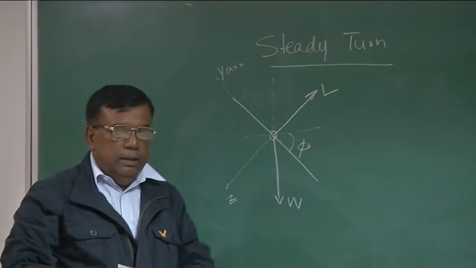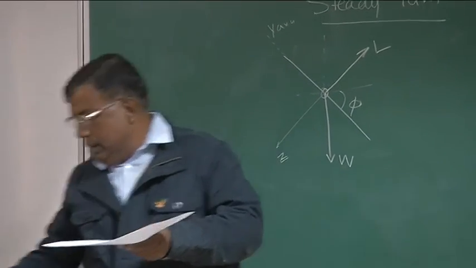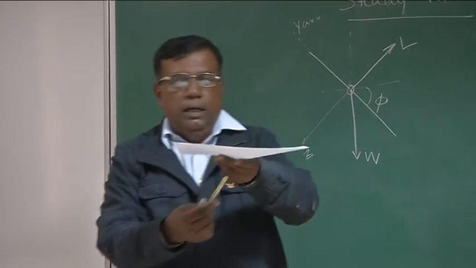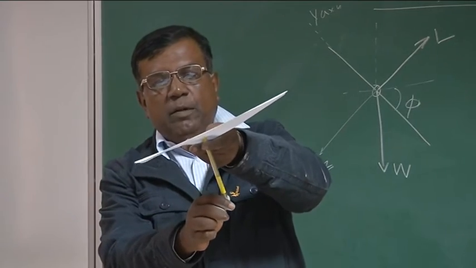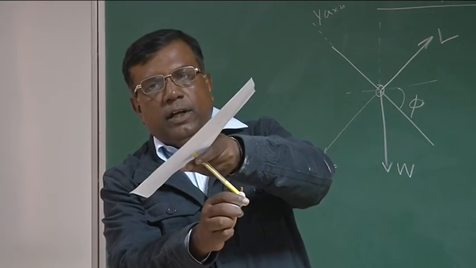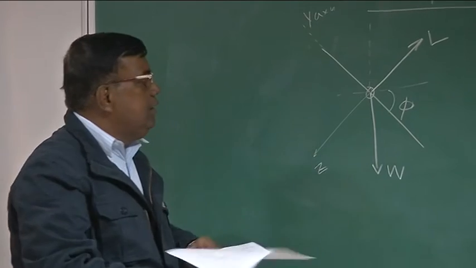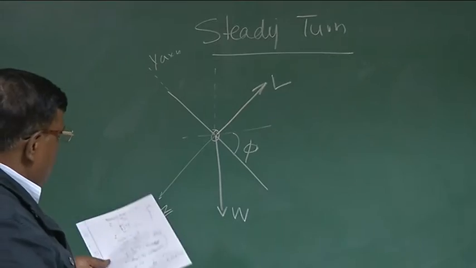For example, this is the airplane, and this is the z-axis, the body fixed axis. So if the airplane banks, the z-axis also rotates. Similarly, the y-axis.